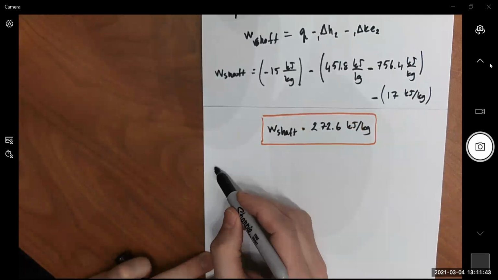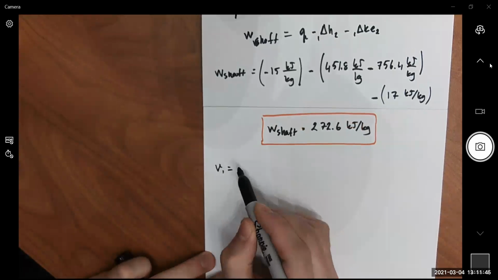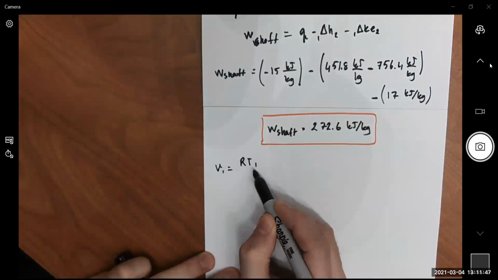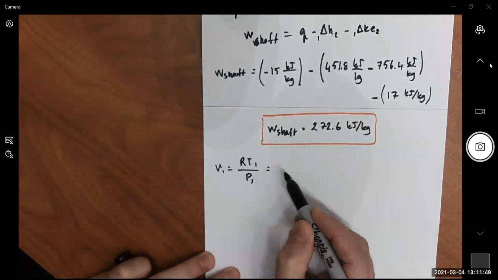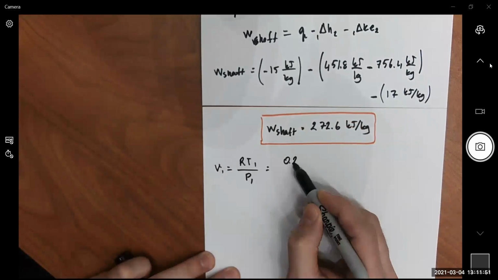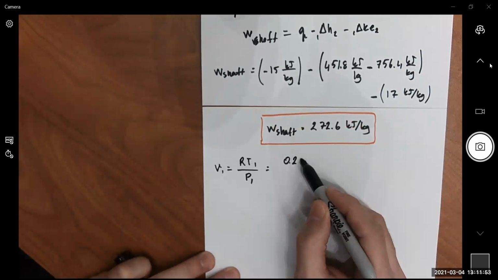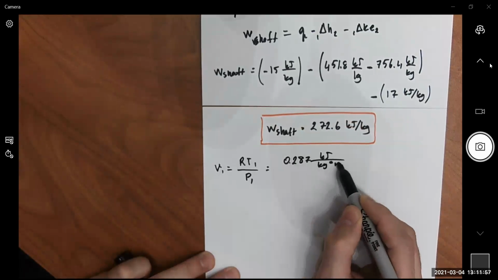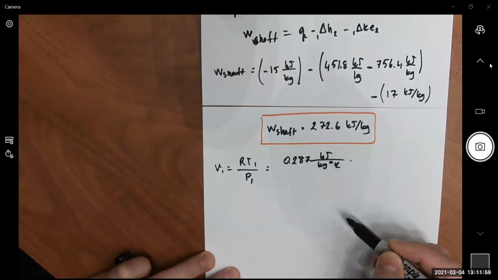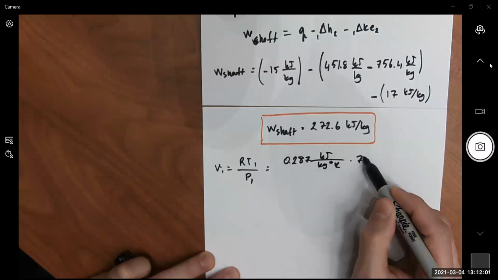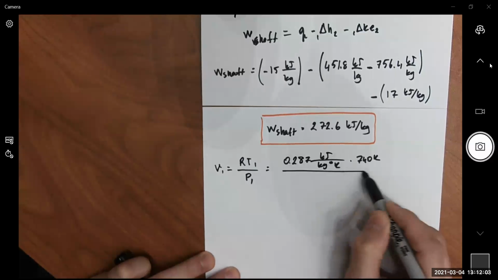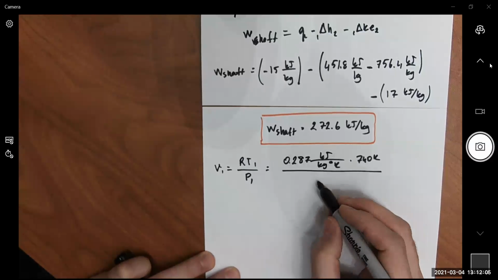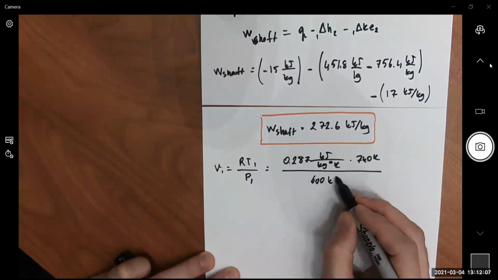Specific volume, we calculate as R T1 over P1. Right? For air, R is 0.287 kilojoules per kilogram Kelvin, times temperature 740 Kelvin, over pressure 600 kilopascal.